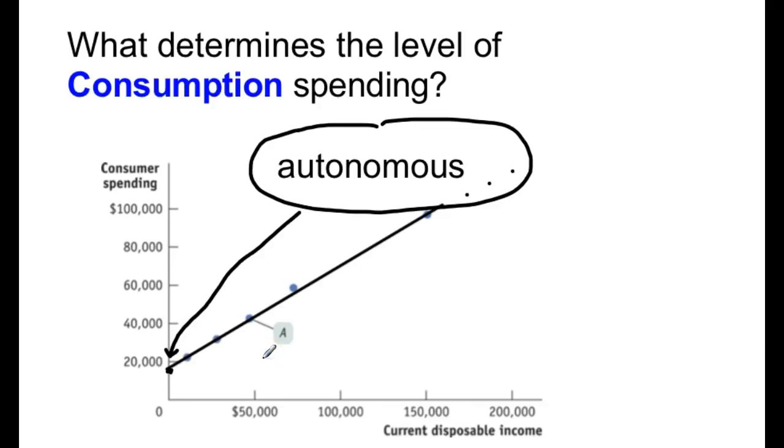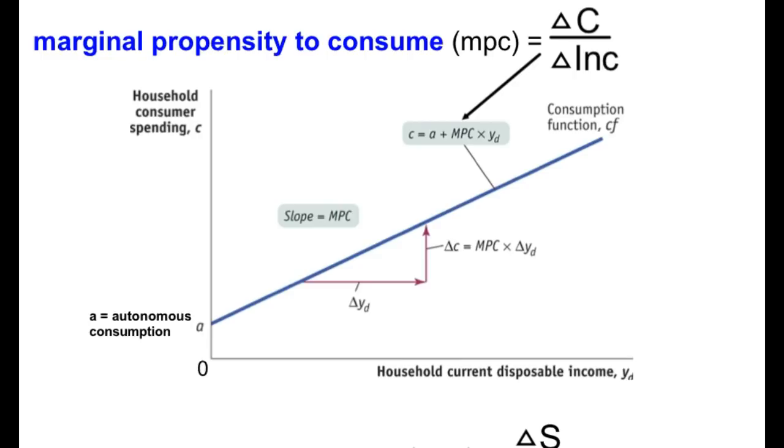So you can imagine, using algebra, looking at this line, that we can pretty easily derive an equation that will explain this line. And the equation here looks a little bit odd perhaps, but it's just saying over here consumption, so the y value, is A, autonomous consumption, plus, of course, the slope. So plus the change in y over change in x.